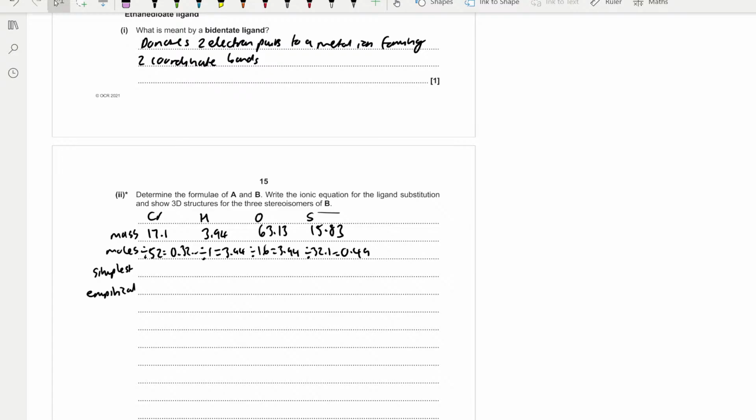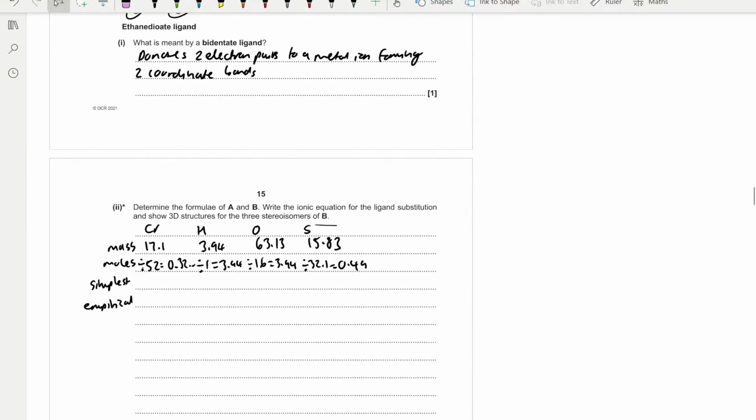So that is 1 for Cr, and then for H it is 11.9, which we can round up to 12. For oxygen it is 11.9, which again we can round up to 12, and for sulfur it is 1.5.